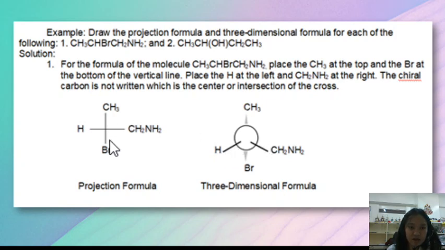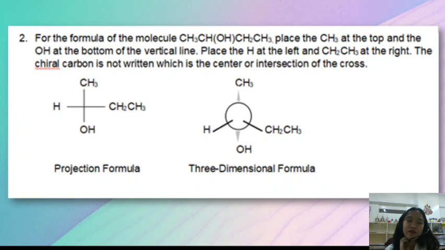And kapag nasa vertical line sila, it is projected away from the observer. So, you will use a darker line and a lighter triangle or a lighter arrow for the vertical atoms. Okay.